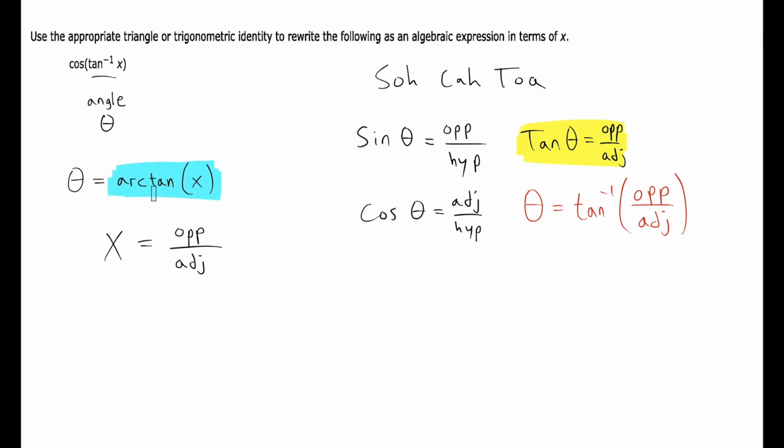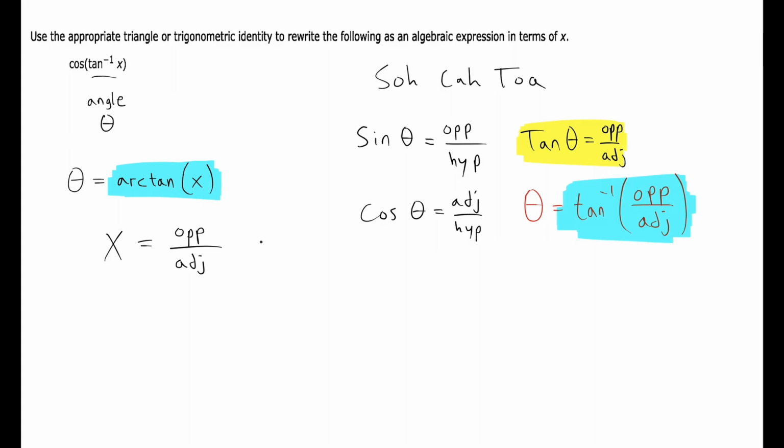We're taking an inverse tan of x. And here we're taking an inverse tan of opposite over adjacent. So it follows then, if we follow the pattern, that this x is in the place of the opposite over the adjacent.